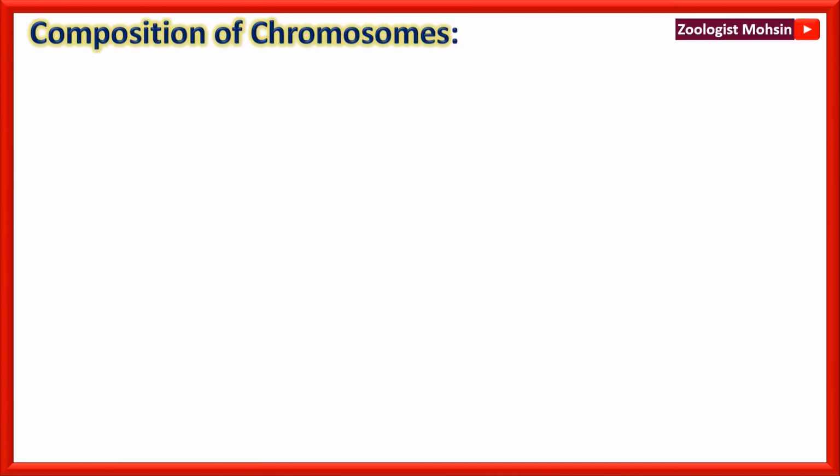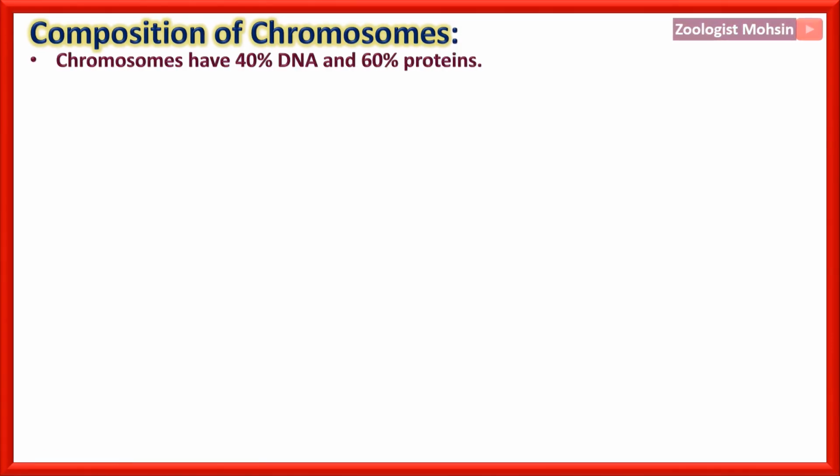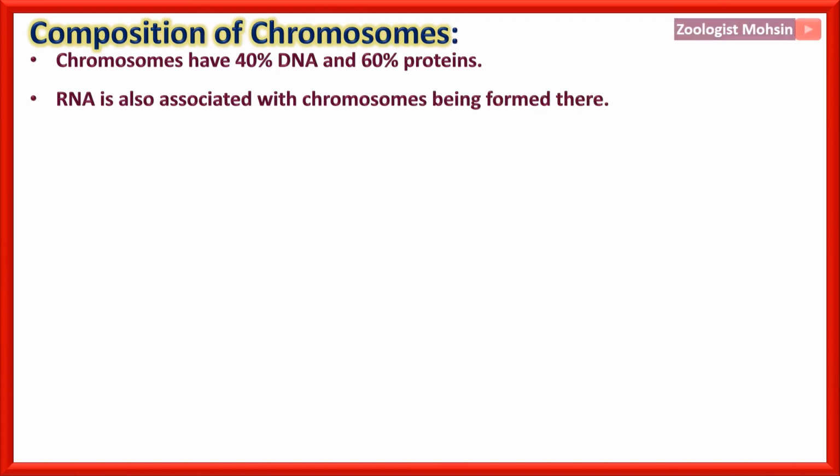Composition of chromosomes. Chemically, chromosomes have 40% DNA and 60% proteins. RNA is also associated with chromosomes because it is formed on the DNA during the process of transcription. So whenever DNA is chemically analyzed, RNA is also found.